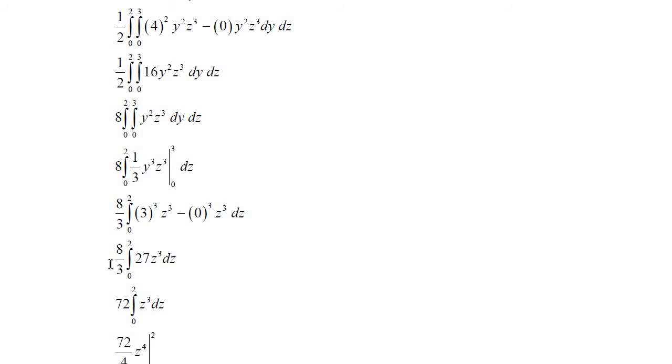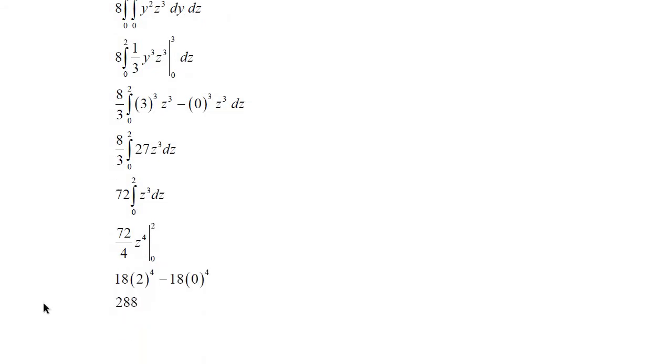If I pull my 27 out, the 27 and the 3 reduce, which leaves me with a 9, and 9 times 8 is 72. So I now have 72 times the integral from 0 to 2 of z to the 3rd power dz.